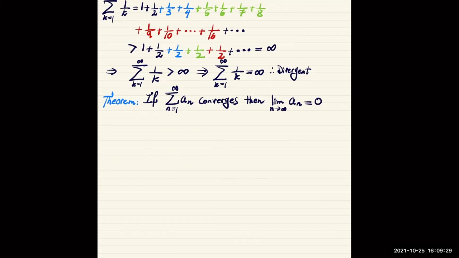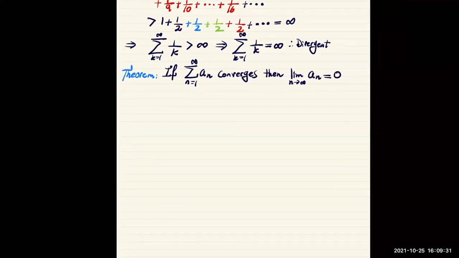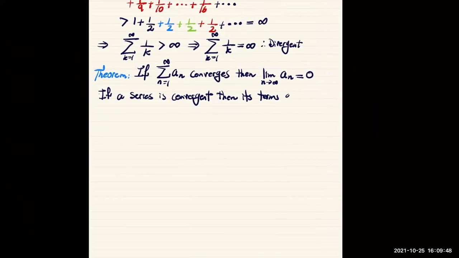Again, this says that if a series is convergent, then its terms get closer to 0.